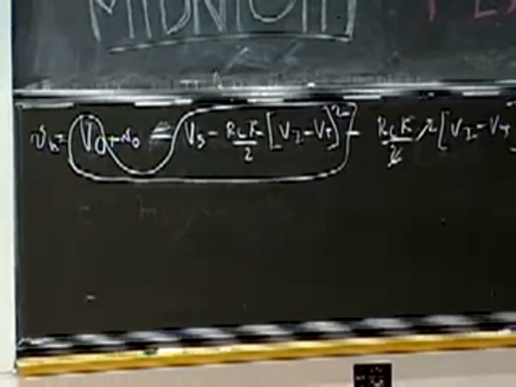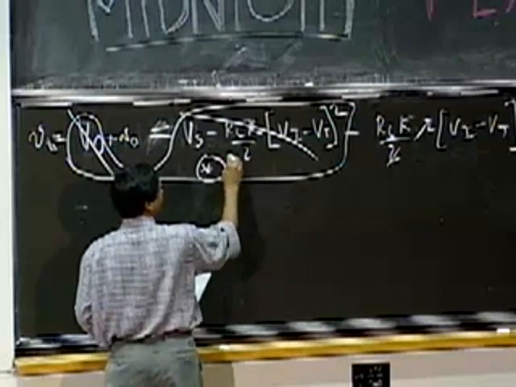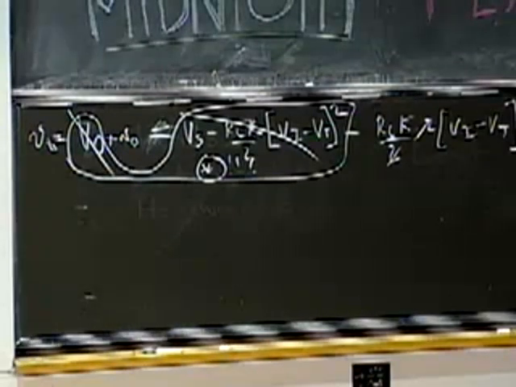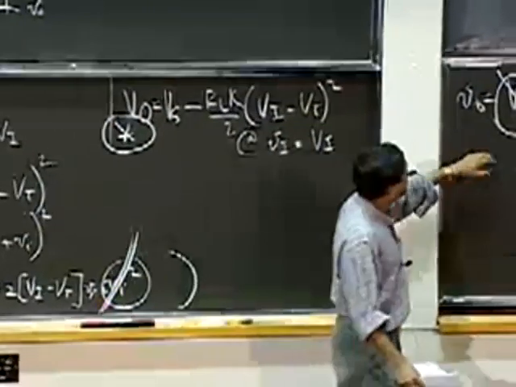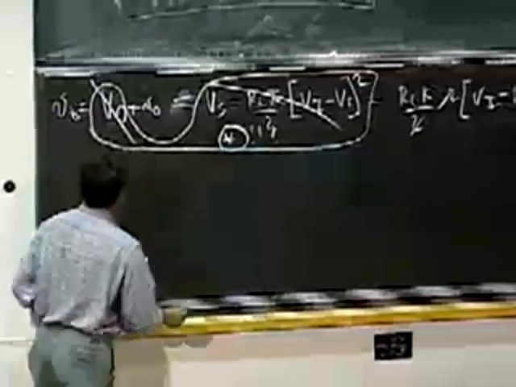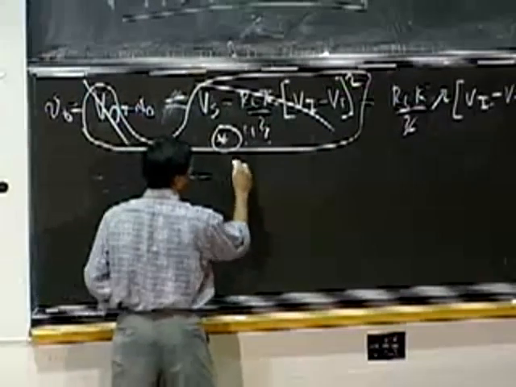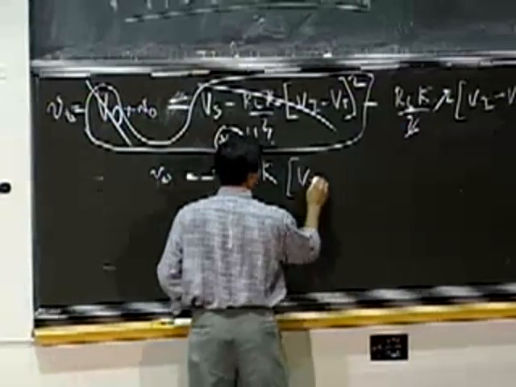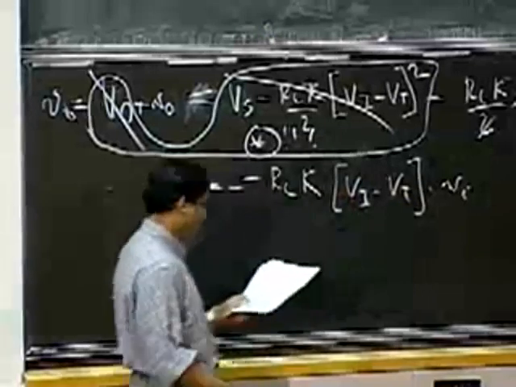From star, I can cancel this out, because I know that at the operating point, these two expressions are equal, and so therefore I can cancel out the operating point voltage and this. What I'm left with is small v naught is simply minus RL K (Vi minus Vt) times small vi.